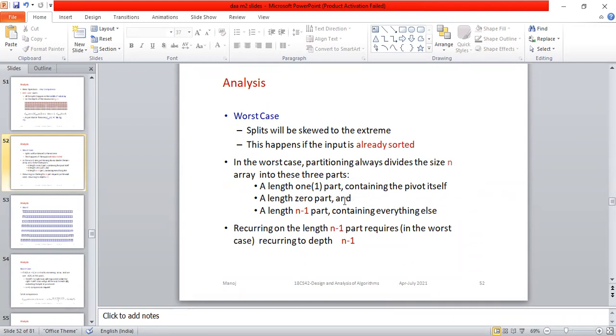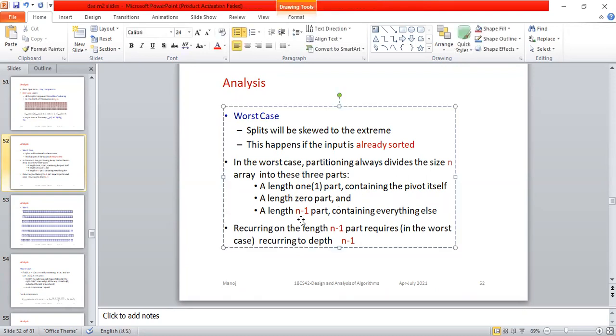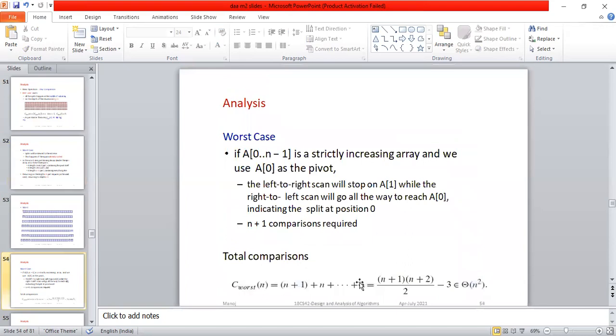So 1, 2, 3. Those are the 3 parts we have taken. So n plus 1 plus n dot dot dot 3 can be taken as (n plus 1)(n plus 2)/2 minus 3. So what is the order you are getting? It is theta of n squared.